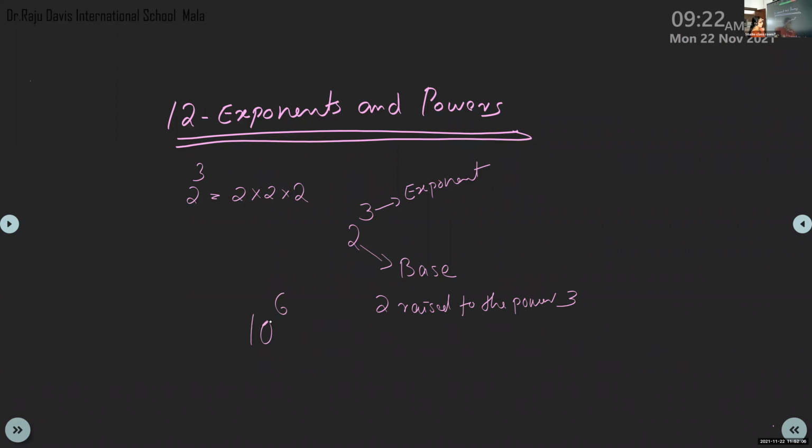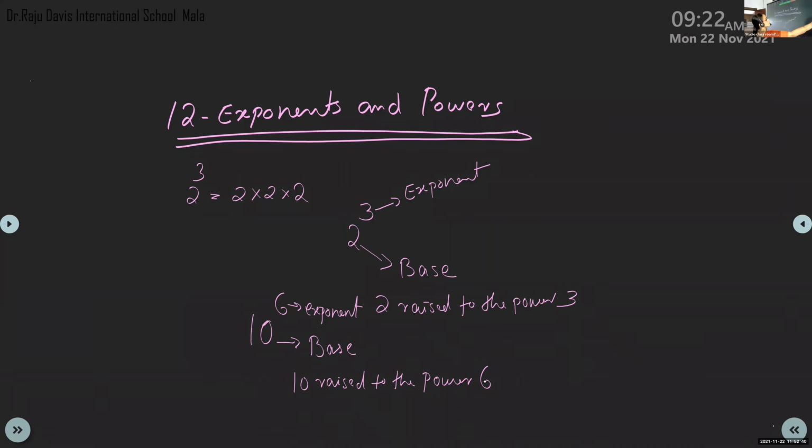In 10 raised to 6, 6 is the exponent and 10 is the base. We can read it as 10 raised to the power 6.